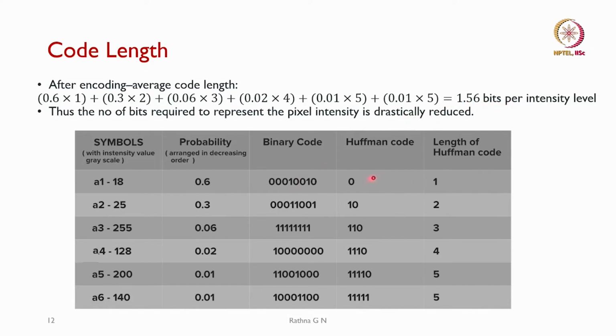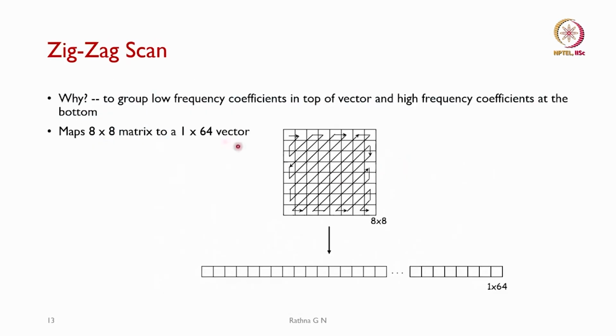With our coding done, we have to do the scanning. So, why do the scanning? Because in this 8 by 8 block we have different values, and we have done the quantization. So, low frequency coefficients are at the top of the vector, and high frequency coefficients at the bottom.